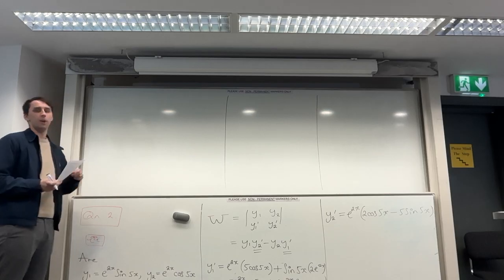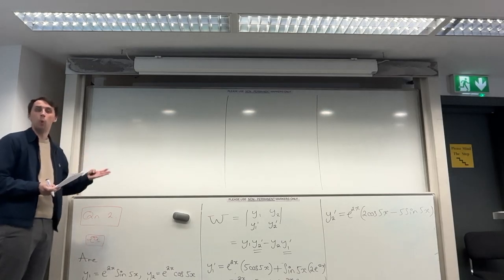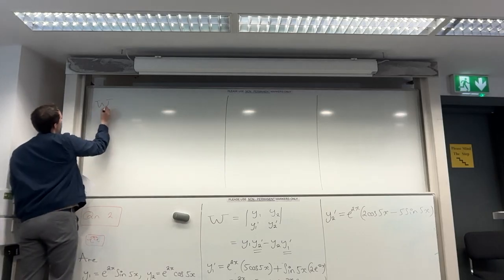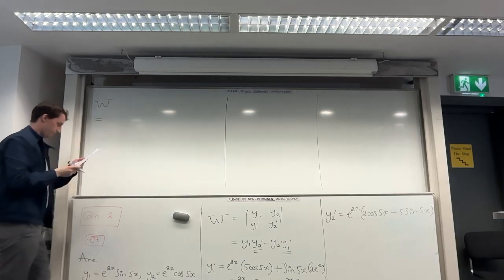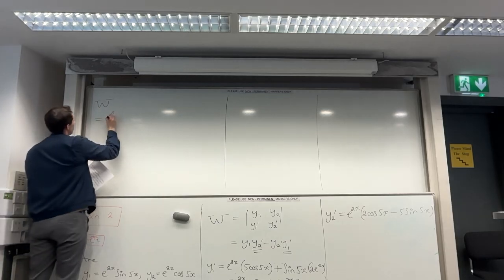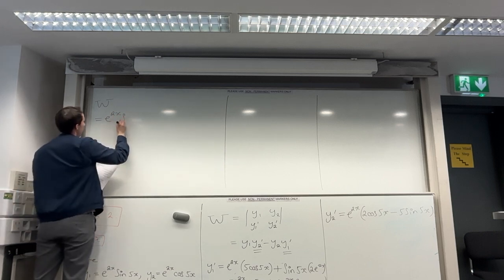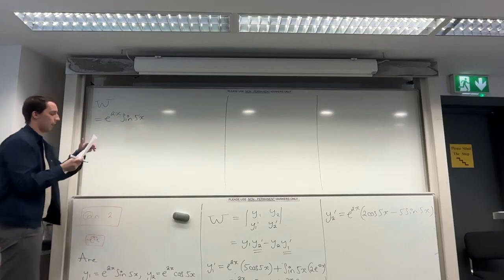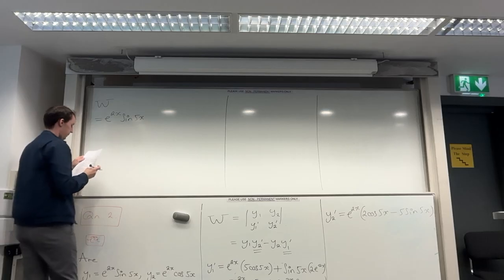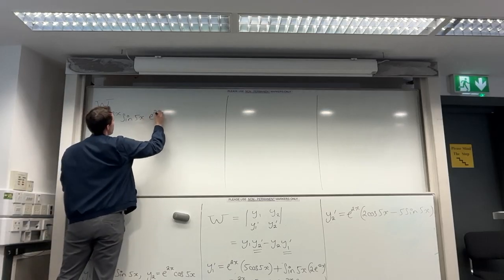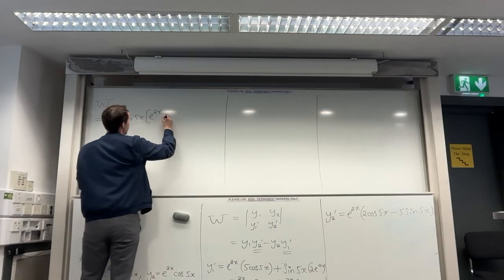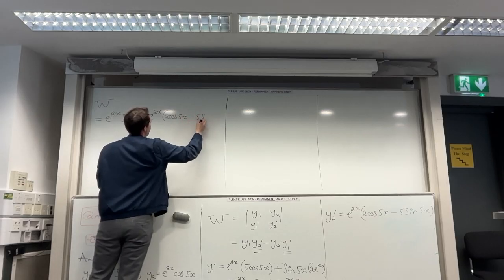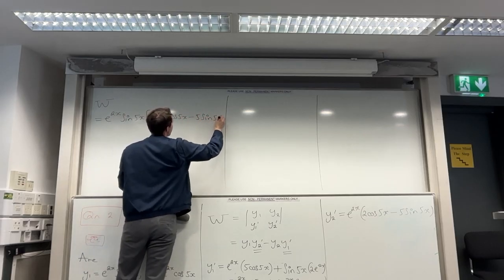Substituting our expressions for y1, y2, y1 prime and y2 prime into our equation for W, the Wronskian becomes e to the 2x times sine of 5x, which is y1, times y2 prime. Recall that y2 prime worked out as e to the 2x times (2 cosine of 5x minus 5 sine of 5x).